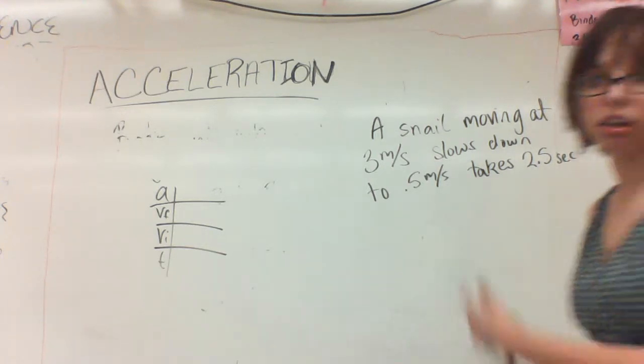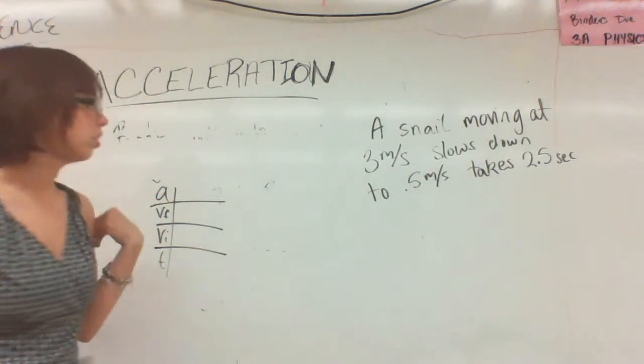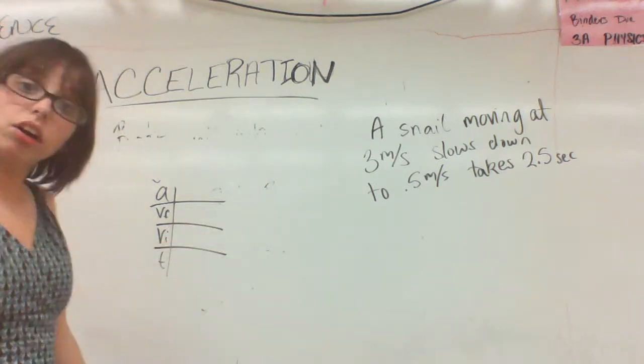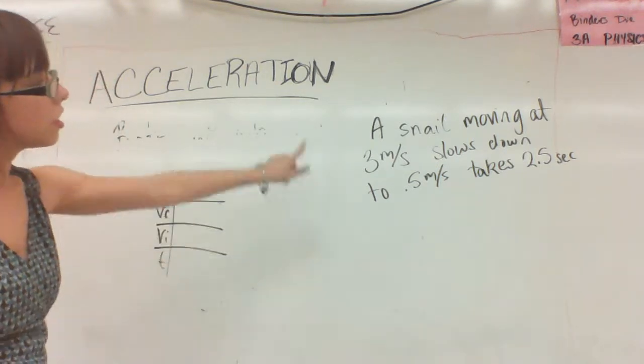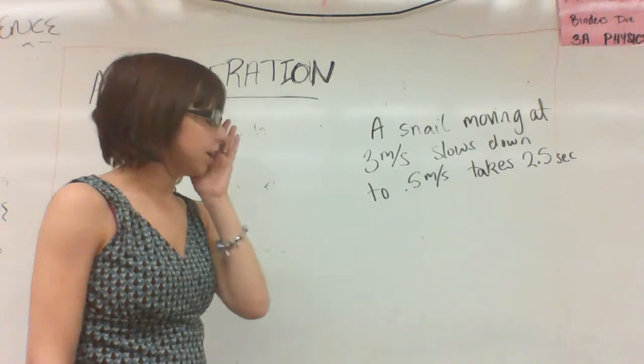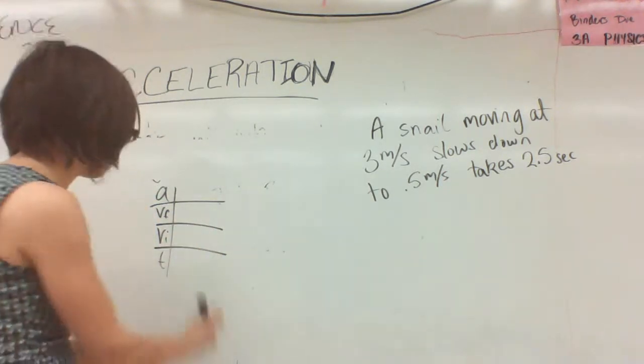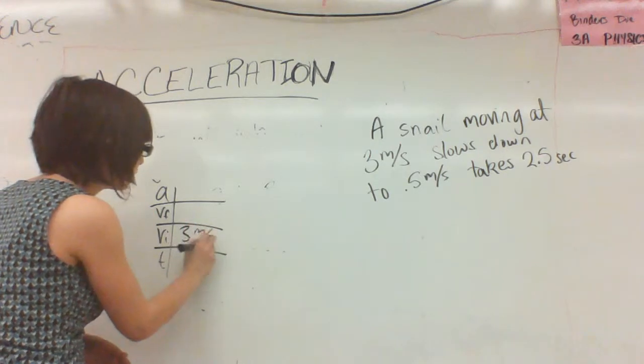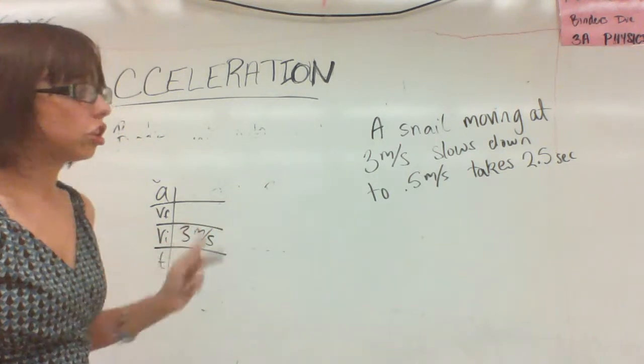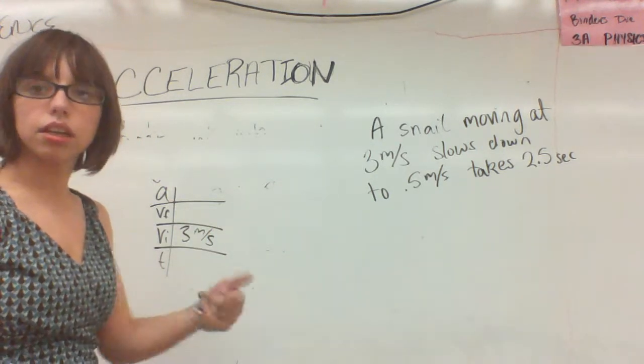Alright, so I'm going to go ahead and fill my chart in first. What do I have? What don't I have? A snail moving at 3 meters a second. It was moving at that. That's its initial velocity. So that's my VI. 3 m/s. Slows down to 0.5 meters a second. Slowing down to that speed.